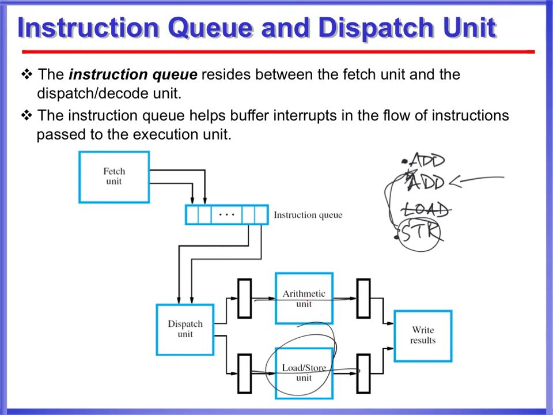Of course, if we want to get really complex with the hardware, we could have multiple ones, right? Load store is 2 stages: we have to calculate the memory address that we're writing to or reading from, and then we have to go there and get it. That's the 2 stages that have to happen here. This is just 1 stage: add the 2 numbers together, right? This is 2 stages.